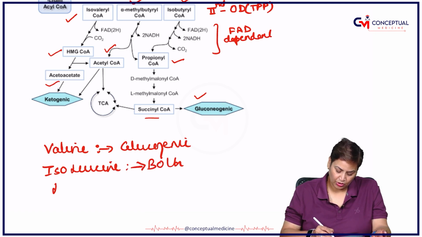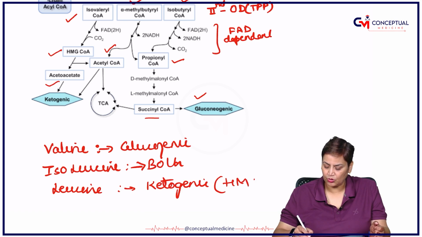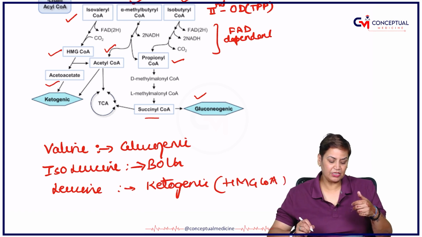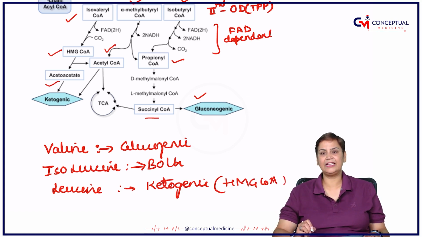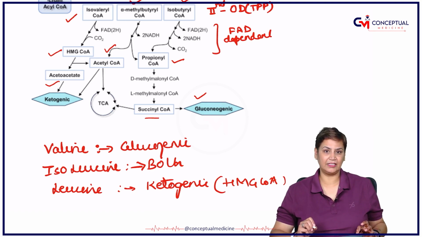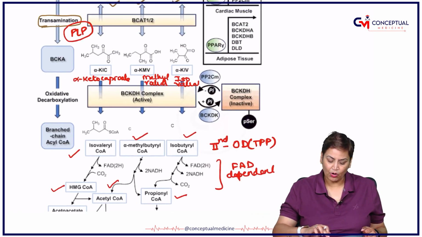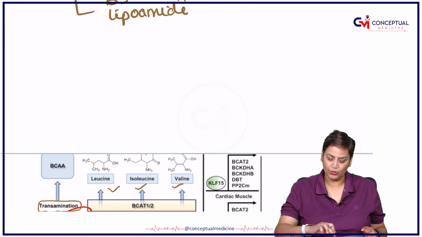And if we talk about leucine, leucine is a potent ketogenic amino acid, because it produces HMG-CoA. We will be discussing this HMG-CoA and its importance in the metabolism of the amino acids and in the metabolism of the fatty acids, which is produced here with the help of amino acids. Okay, so this is the metabolism of branched chain amino acids.